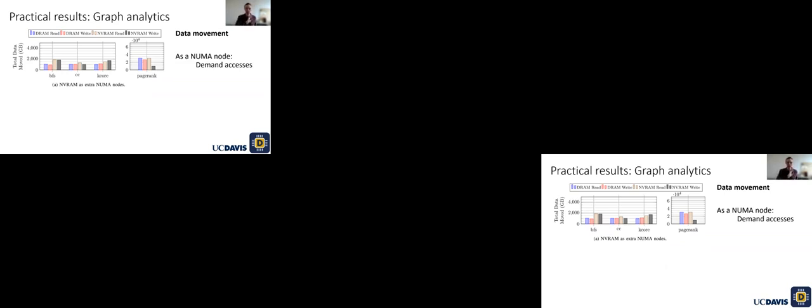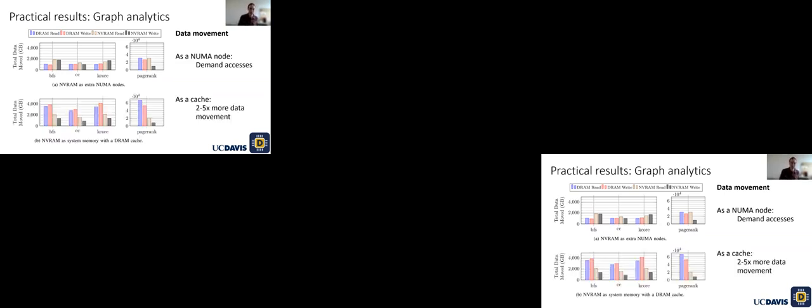So what we're looking at now is DRAM is not a cache, and now if we look at the DRAM as a cache, the total amount of data moved goes up significantly. And so we went from about 10 terabytes for BFS now to what, 4, 6, 10, 12, or 15 terabytes. And so we're wasting a lot of this data movement.